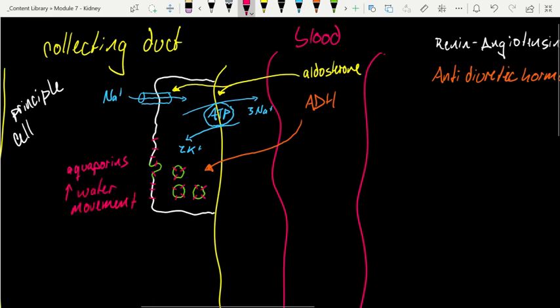Now we can see how aldosterone and ADH work together. Aldosterone increases the salt gradient, and ADH increases permeability to water, allowing water more readily to follow that salt.